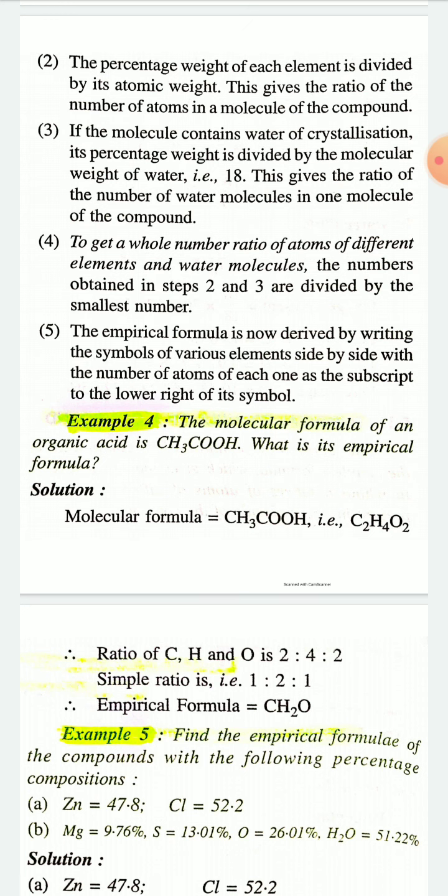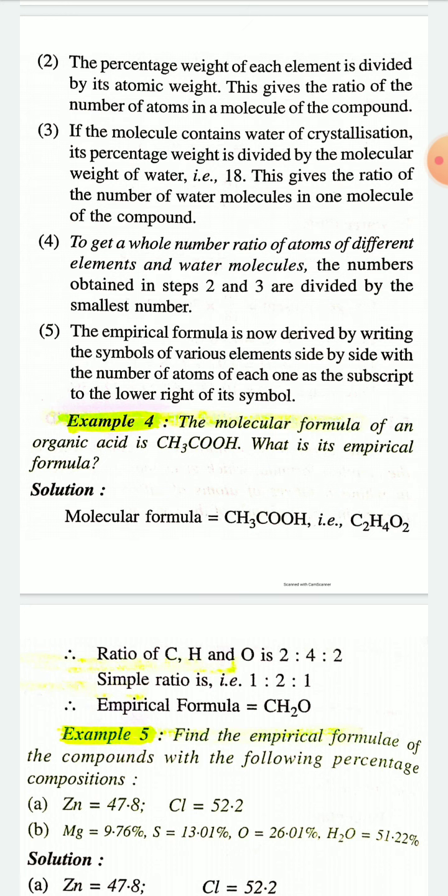Now the ratio of carbon, hydrogen and oxygen is 2:4:2, so the simplest ratio is 1:2:1. Because I have told that you have to find the simplest whole number ratio of each respective element. So the empirical formula of CH3COOH is CH2O.